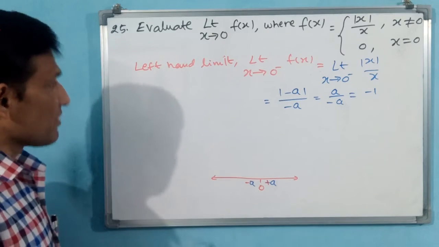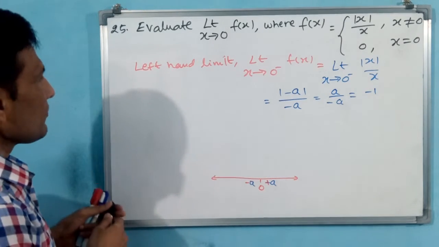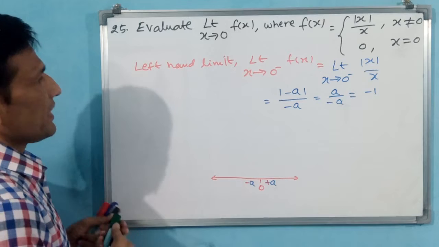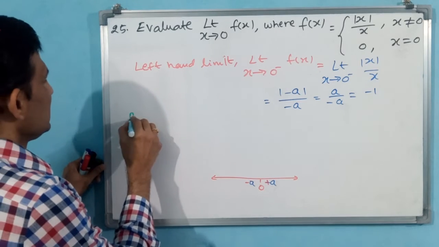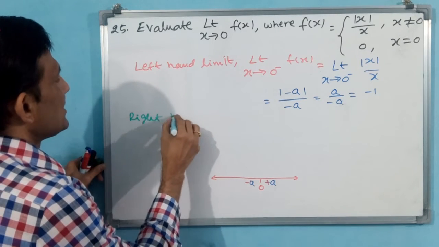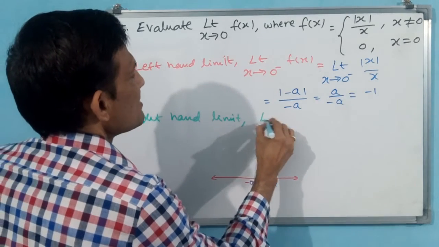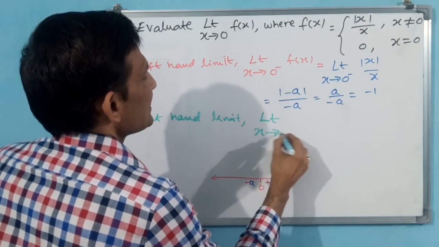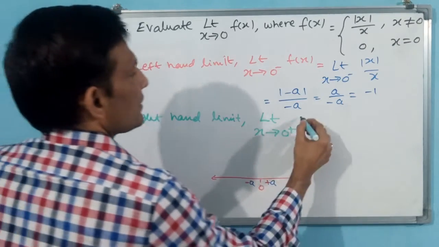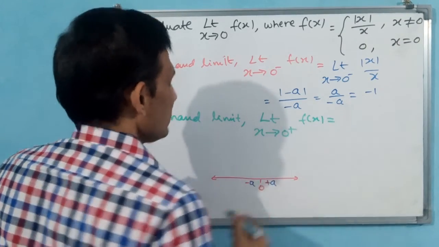Let us see what the right hand limit will be. Right hand limit also I am writing, you see. Right hand limit, limit x tends to 0 plus f of x is equal to.